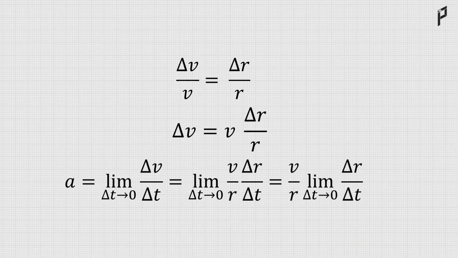Now, putting this value of delta v into the first equation which we formed of acceleration, we have a is equal to v delta r by capital R delta t with limits delta t tending to 0. Now, since v and r are constant, we can separate it. So we have v by r into delta r by delta t.